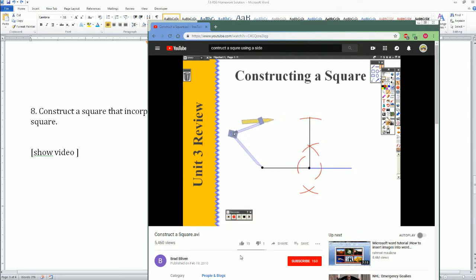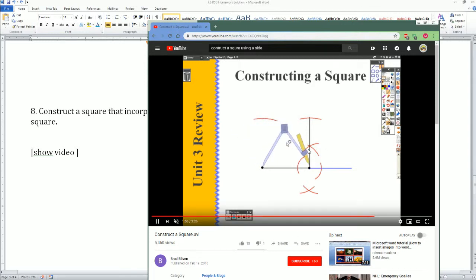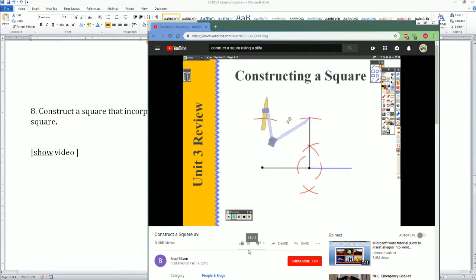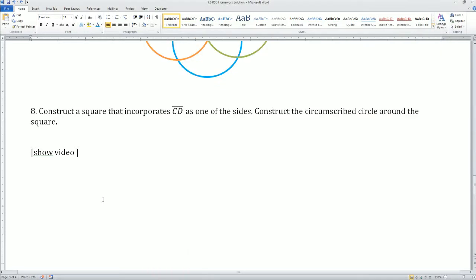He goes to this point, constructs the arc from that circle again. Now he can get the other line. Alright, there you go. That's how you construct a square.